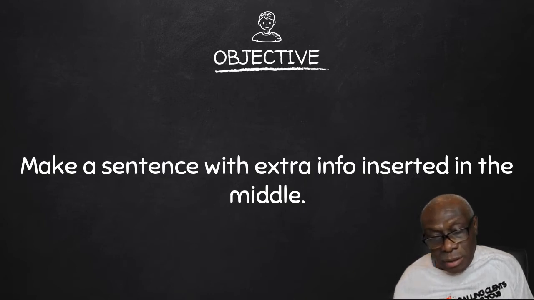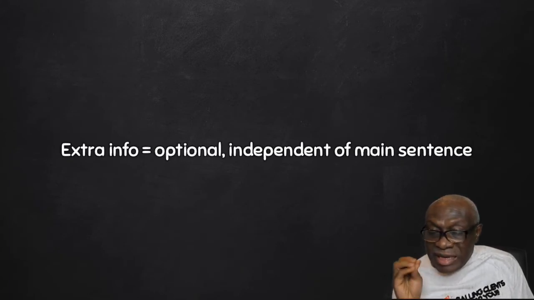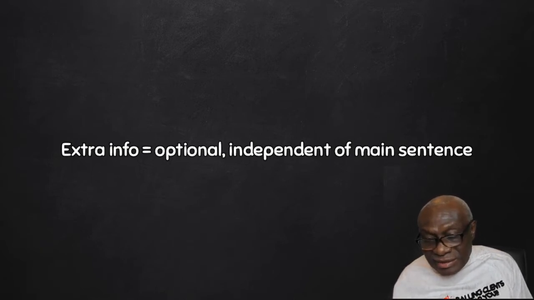Now, this extra information, remember, just comes into the middle of the sentence. It is information which you need as extra. This information should be optional, independent of the main sentence.